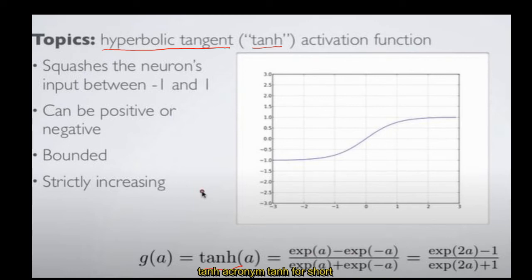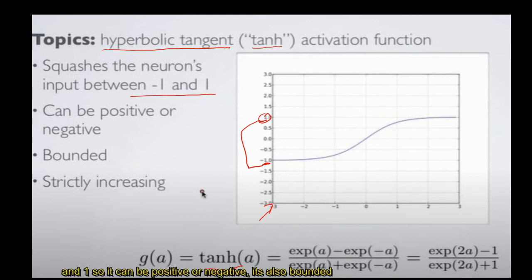When we plot this function, we see that we get an output constrained between -1 and +1, and it squashes the neuron's input activation between -1 and 1.